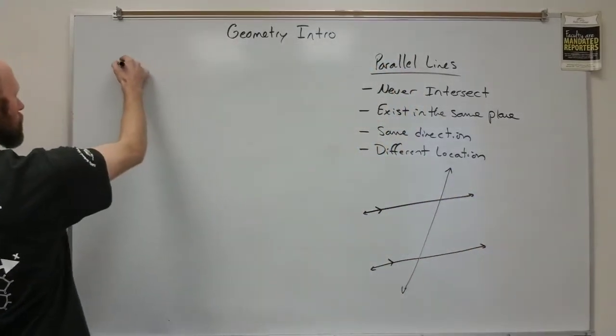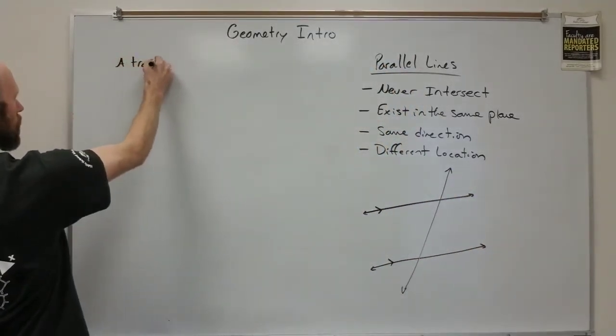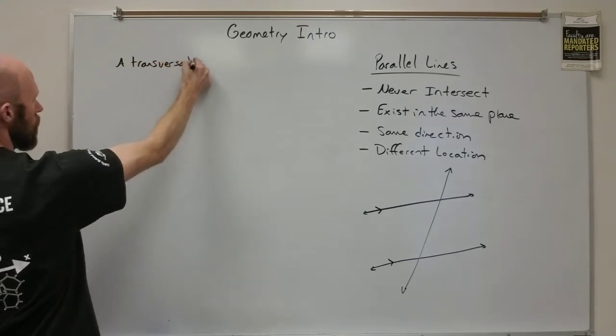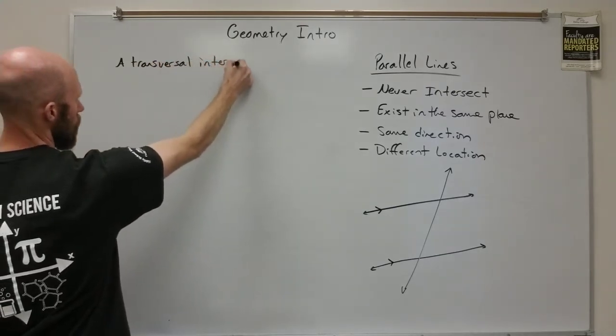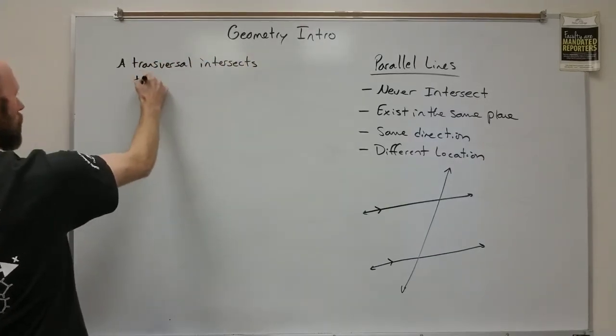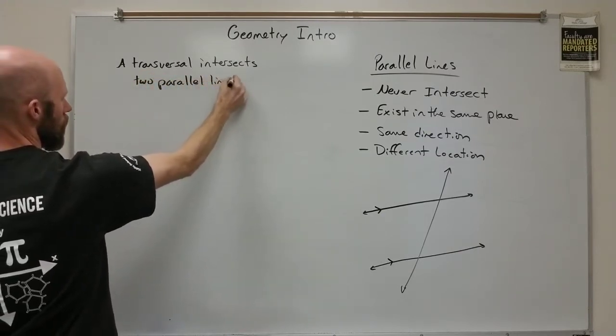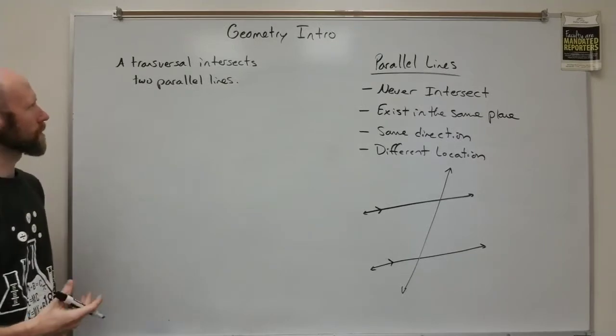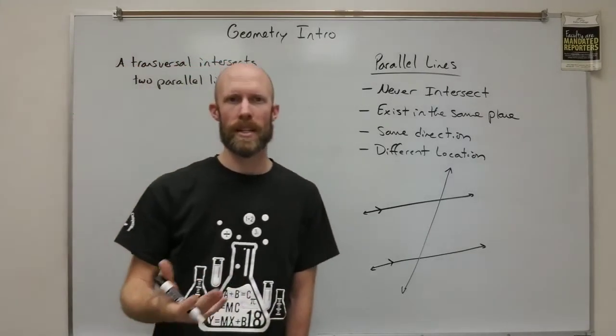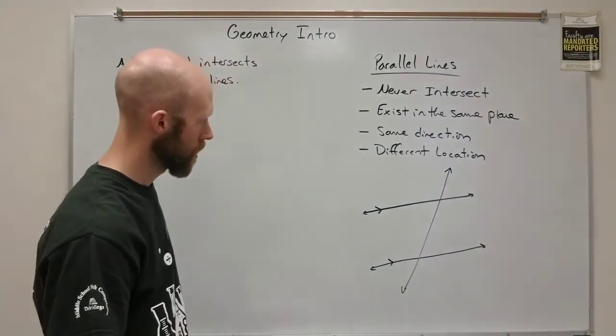I'll even define them over here. A transversal intersects 2 parallel lines, so it's a line that intersects 2 parallel lines.